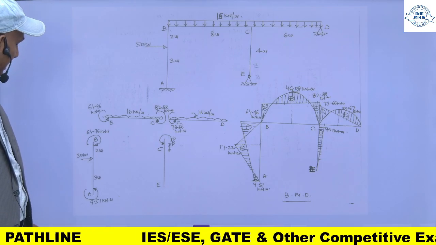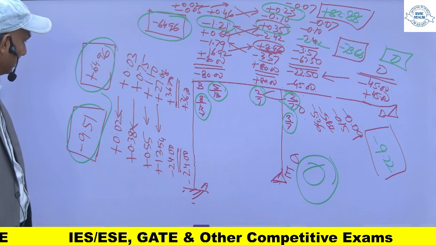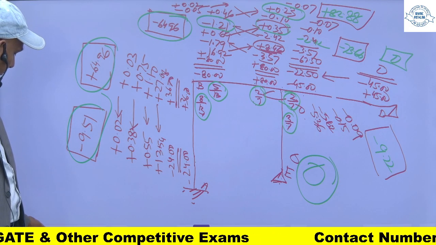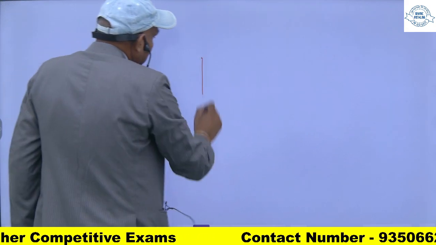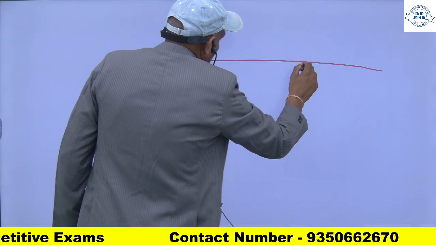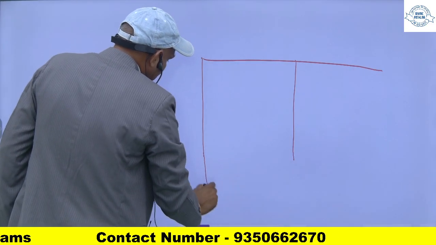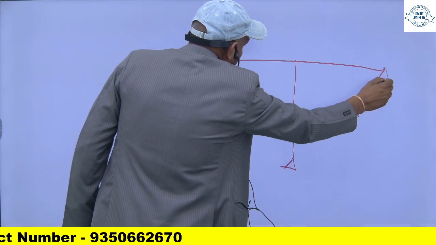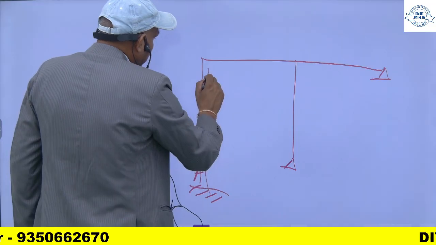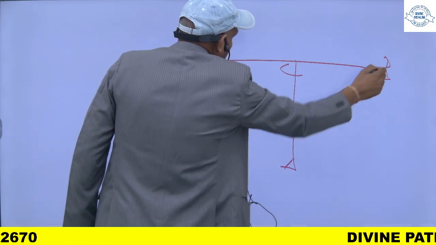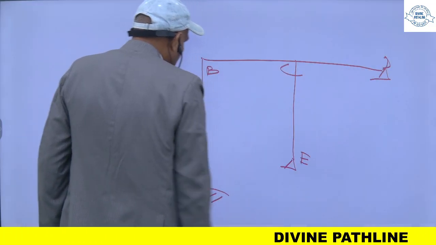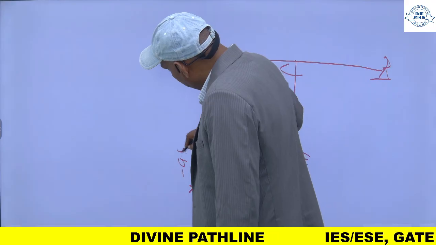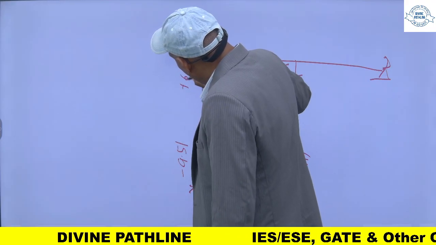I can plot it this way. This is minus 9.51 plus 64.96.